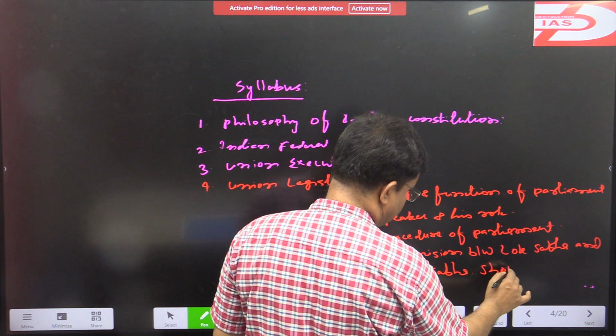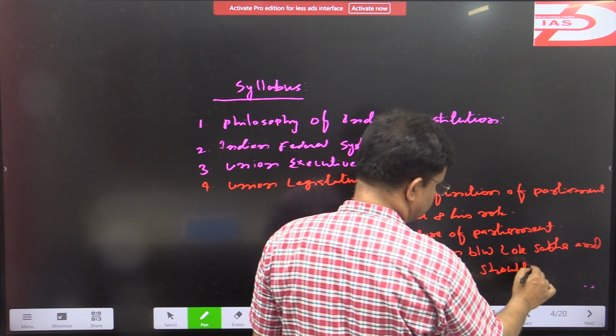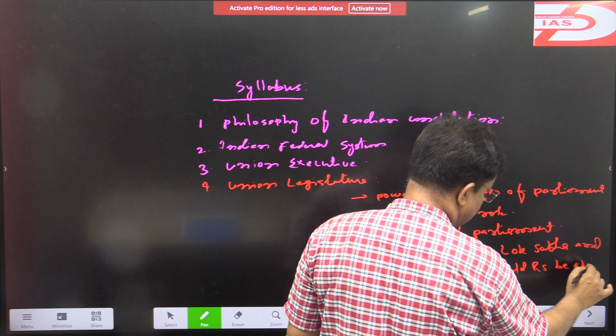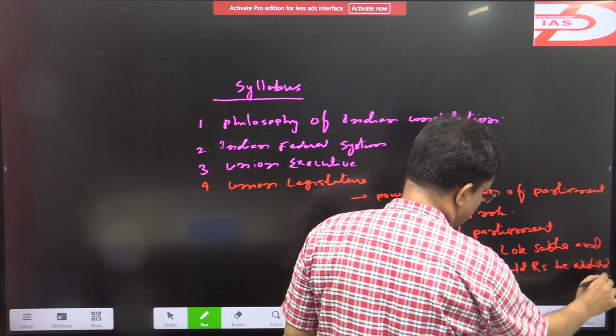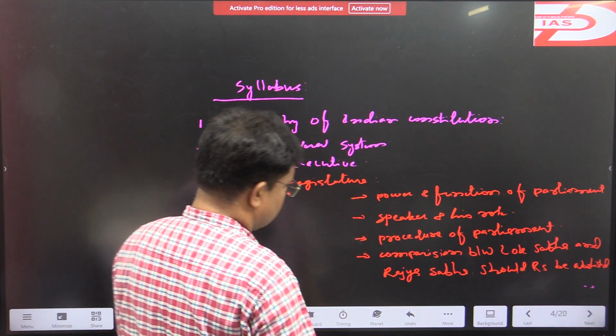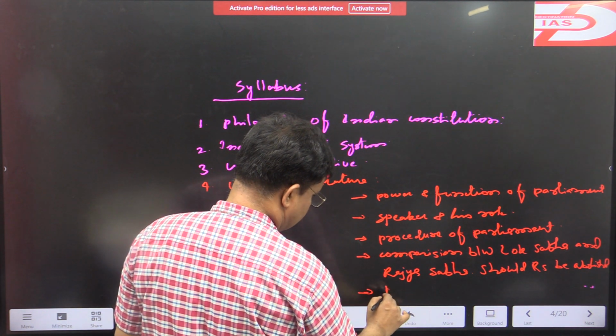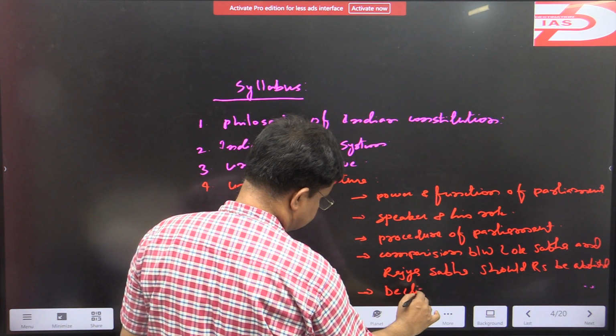Should Rajya Sabha be abolished? Then decline of Parliament.